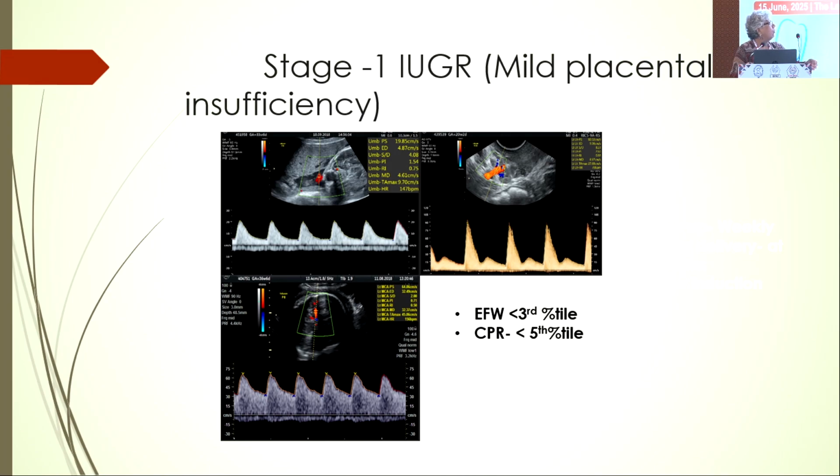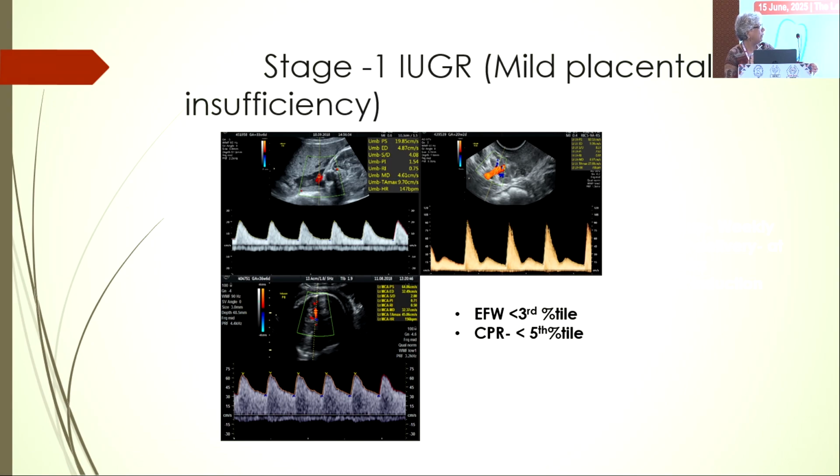which is not true for the late onset. So now, according to Gratacós, we can divide the IUGR into 4 stages. Stage 1 is whenever I am getting estimated fetal weight less than 3rd centile, and my middle cerebral artery shows vasodilatation, and the uterine and umbilical artery show high resistance flow. So what will be the monitoring?